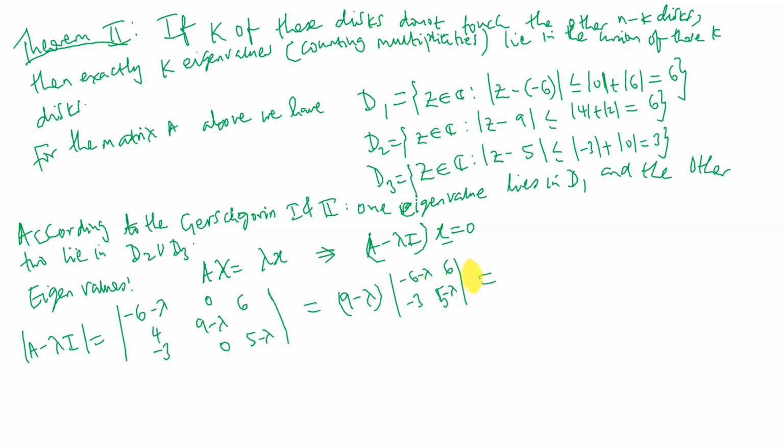How do you find the determinant? You just cross the entries. So that's going to be 9 minus lambda into minus 6 minus lambda, 5 minus lambda, plus 18 is equal to 0.